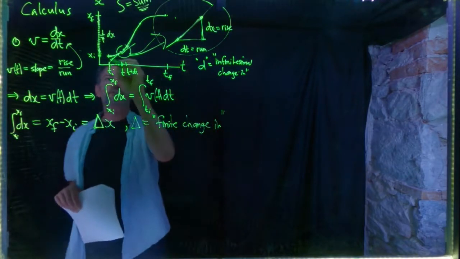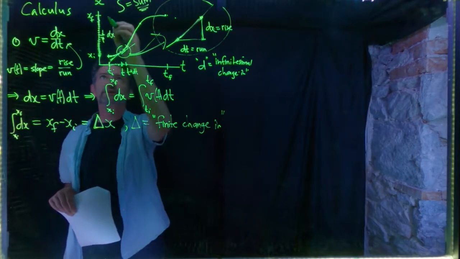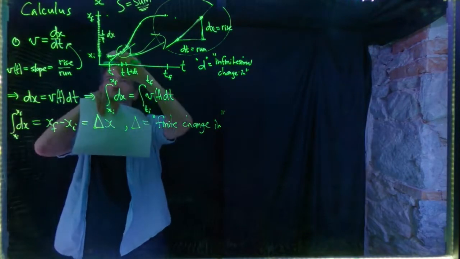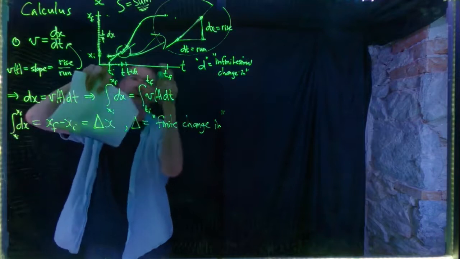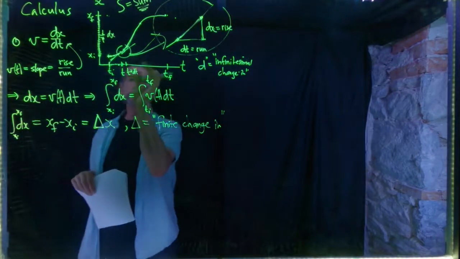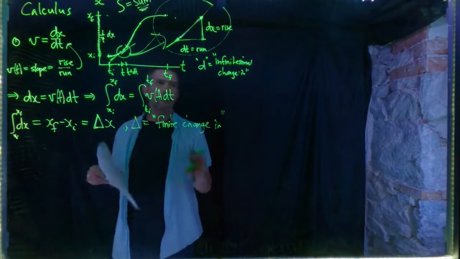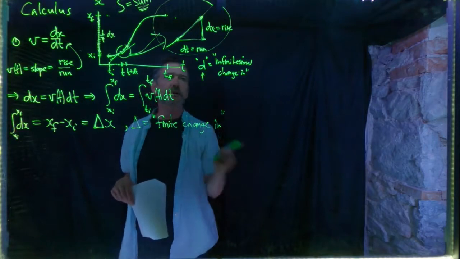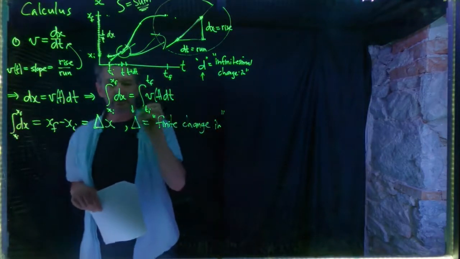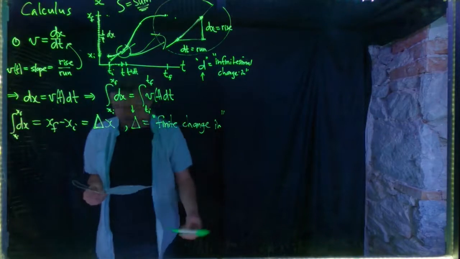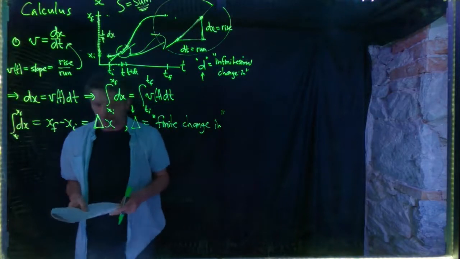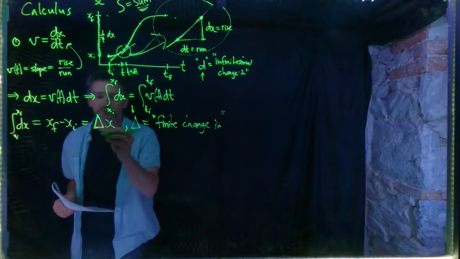In this case, the finite change in position from x initial to x final, namely x final minus x initial, the total displacement, during a finite interval of time, as opposed to an infinitesimal interval of time. So learn to distinguish between d, meaning infinitesimal, and delta, meaning finite change. Okay? So that's important.